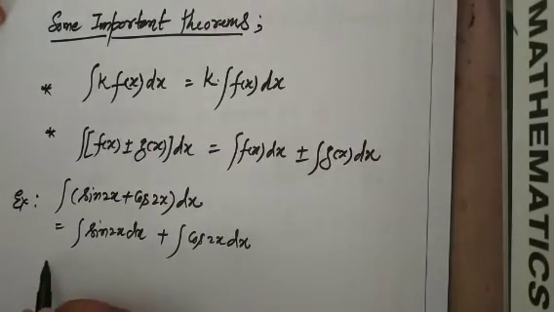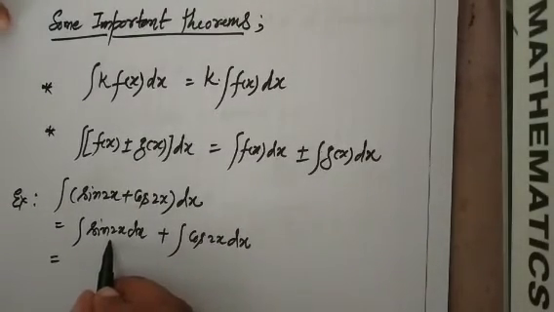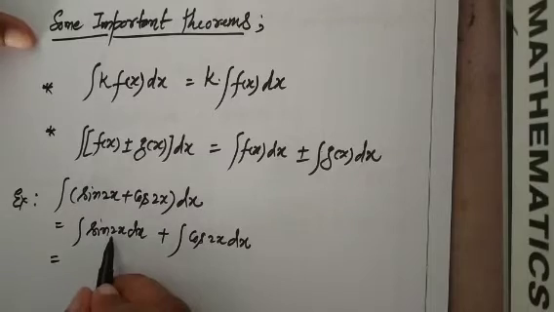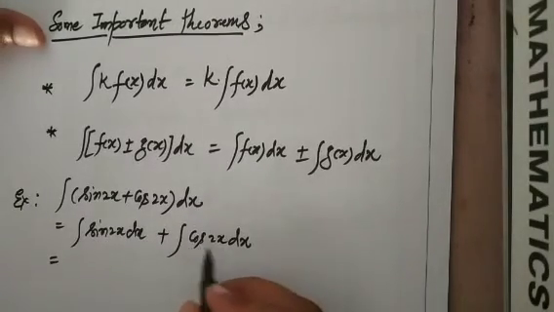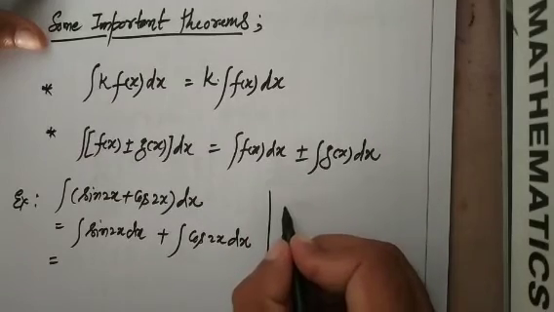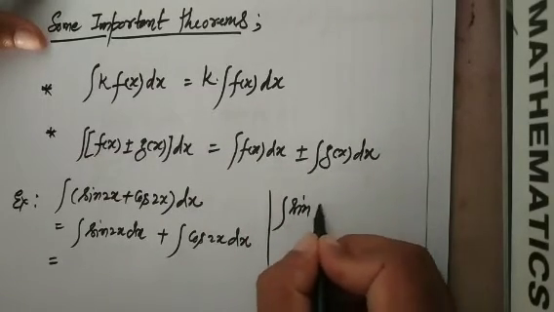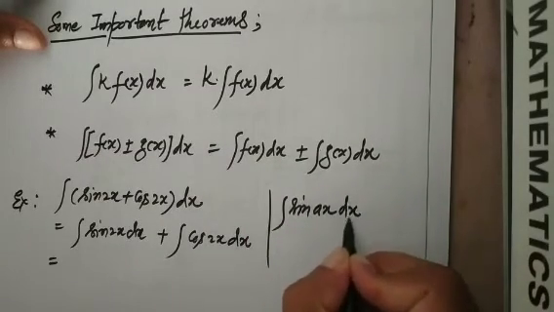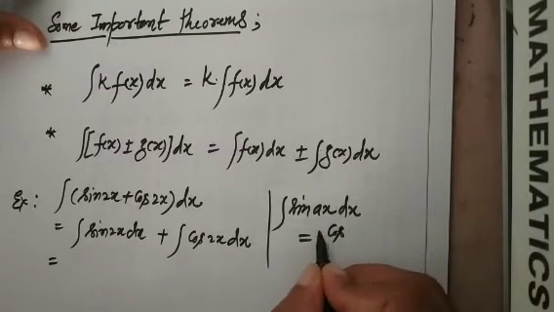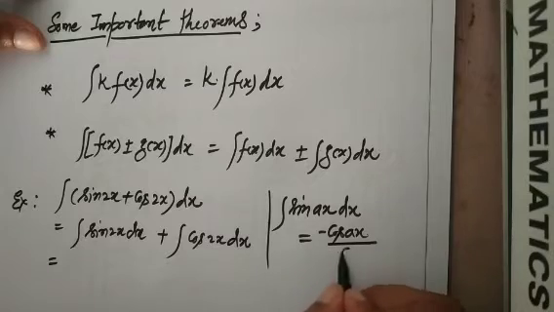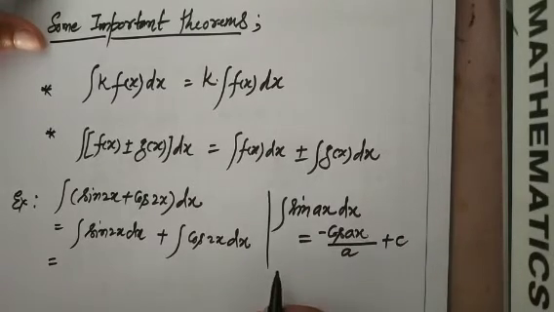After that, we know there is a formula for the integral of sin 2x, or you can do these separately and then find their sum. What is that formula? If we have sin ax dx, its integral will be minus cos ax upon a plus c.